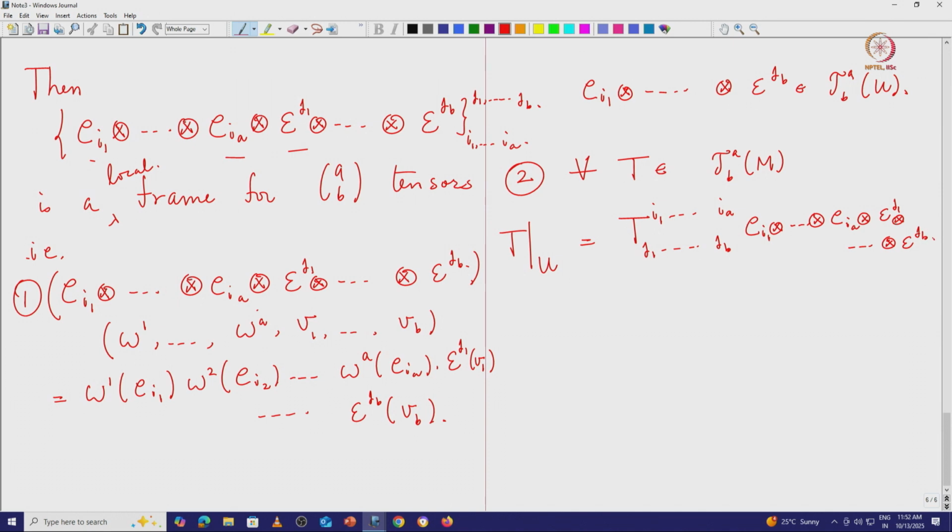Okay. So, in that sense, this collection forms a local frame for tensors of the type AB.